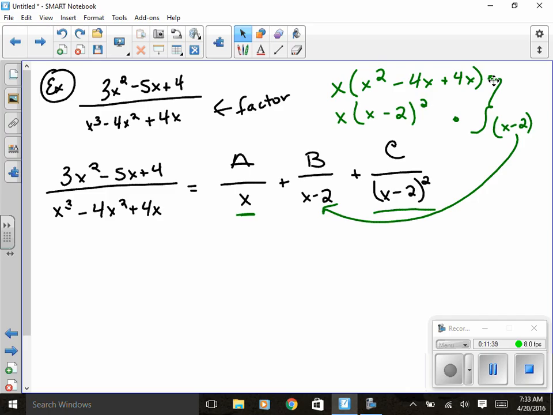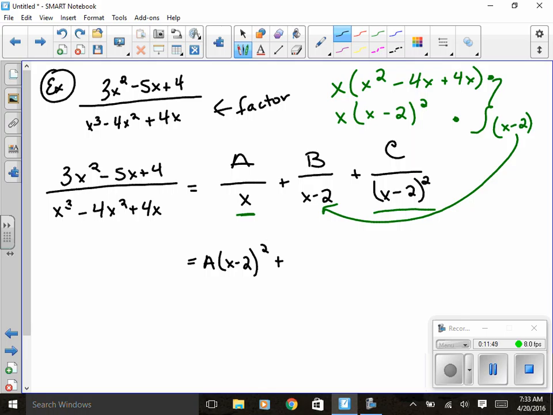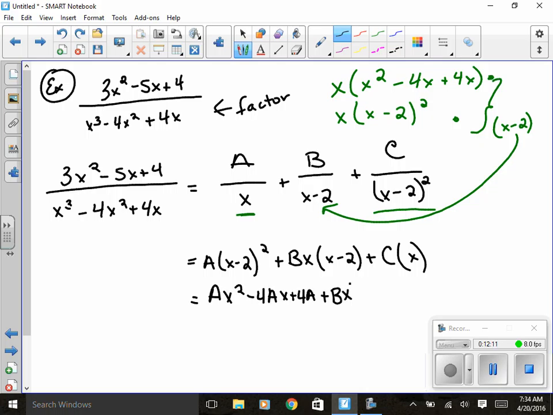Okay, so this one's a little bit trickier because you have three different things to multiply. We get a times x minus 2 squared plus bx times x minus 2 plus c times x. The reason why is because I'm multiplying by that x to the left there. I'm going to go ahead and distribute this, and I get ax squared minus 4ax plus 4a plus bx squared minus 2bx plus cx.